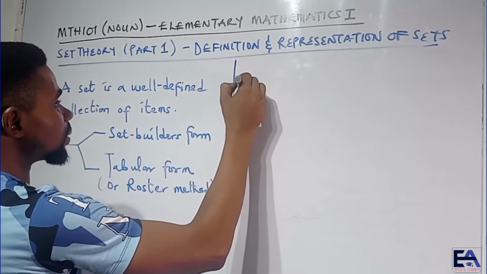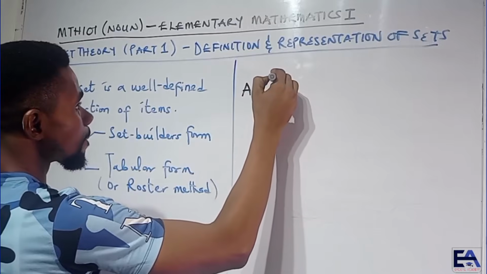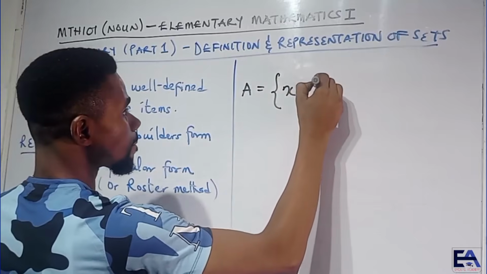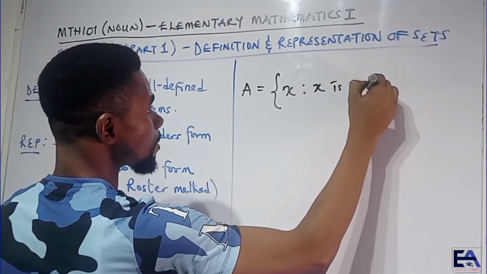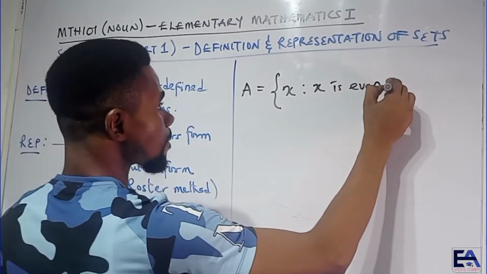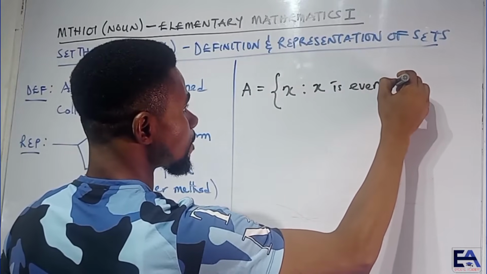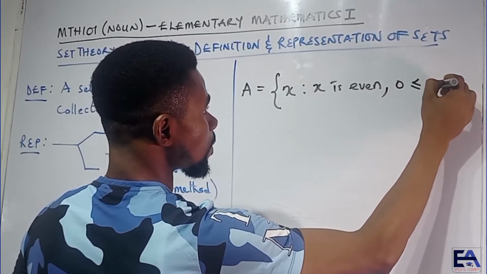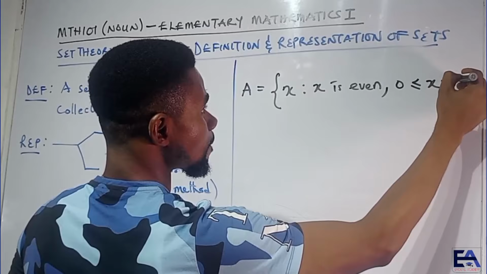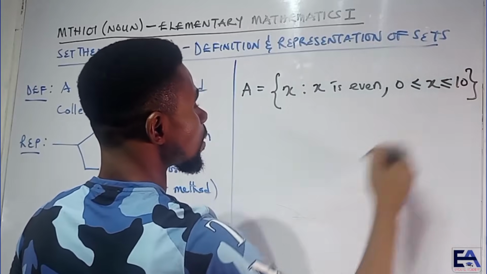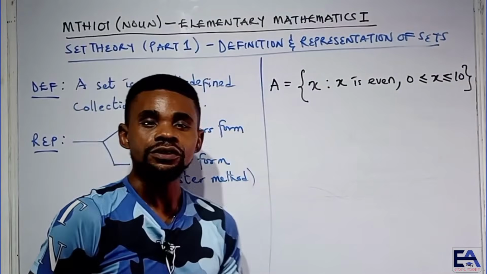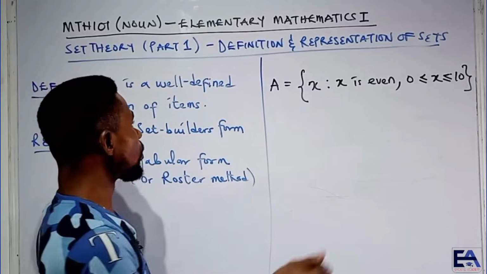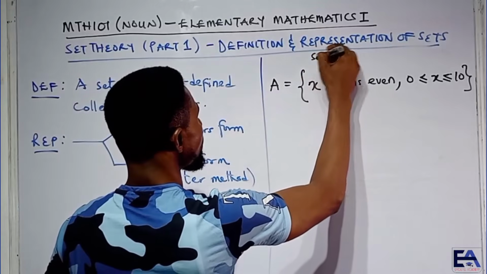If you have something like this, looking at this one, this is an example of the set builder form.